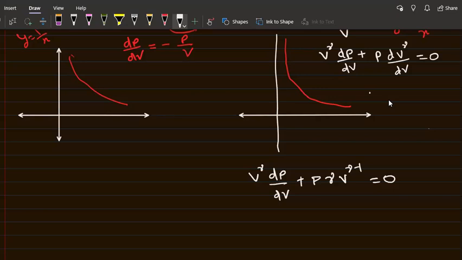So I can say that dP by dV is equal to minus gamma P V to the power gamma by V, because V to the gamma minus 1 is V to the gamma by V, and this V to the gamma is here. Yes or no?